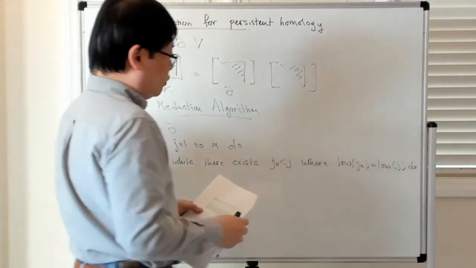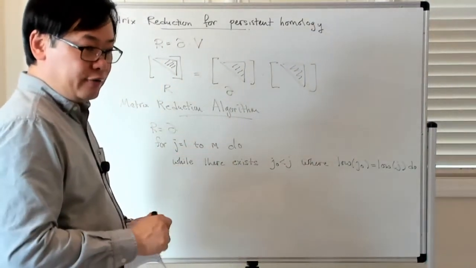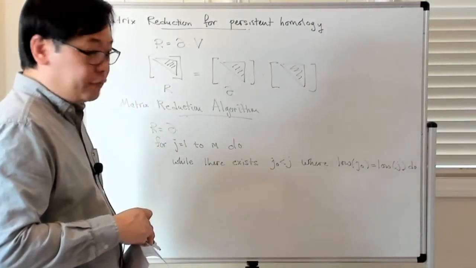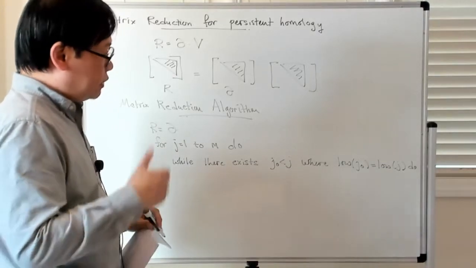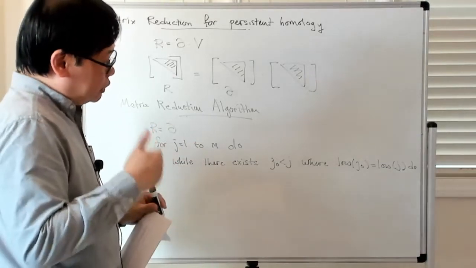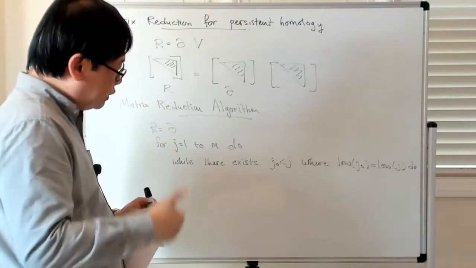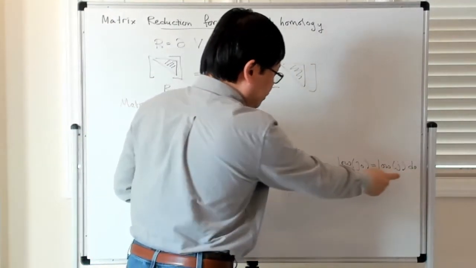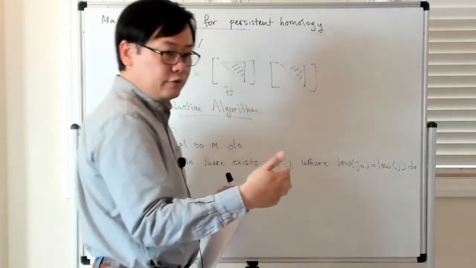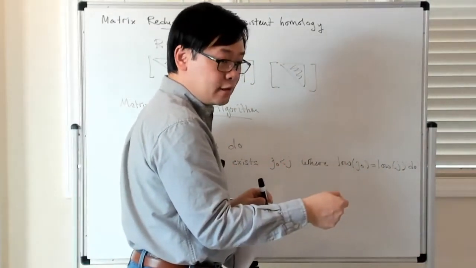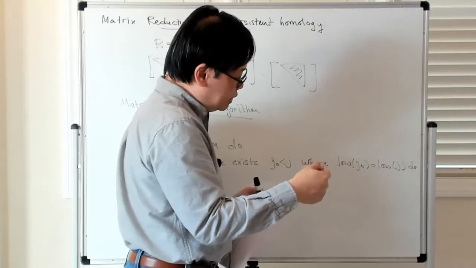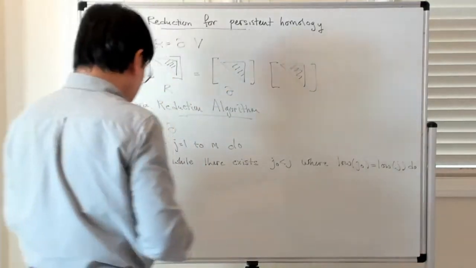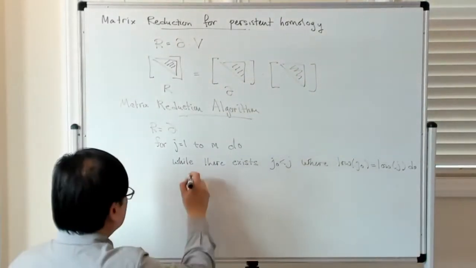The effect of that, since we are working with Z mod 2 coefficients, modulo 2 arithmetic, is that adding 1 to 1 gives you 0. So adding column j0 to column j essentially gets rid of the 1 in the low j position in column j.